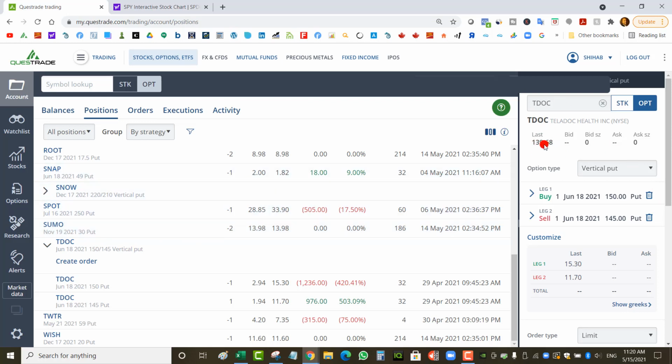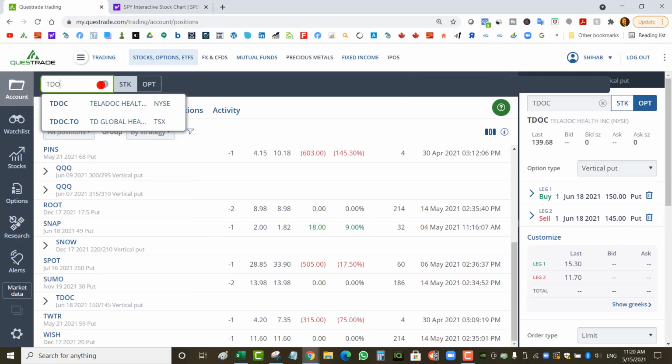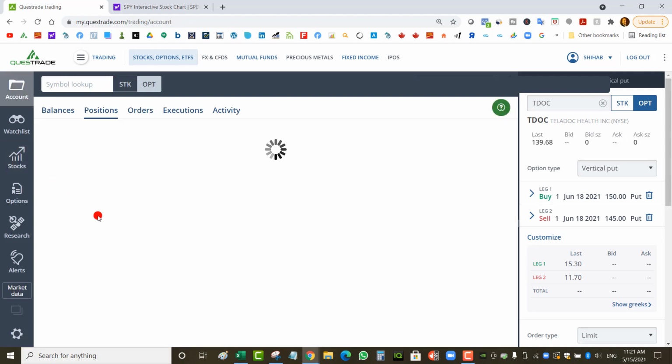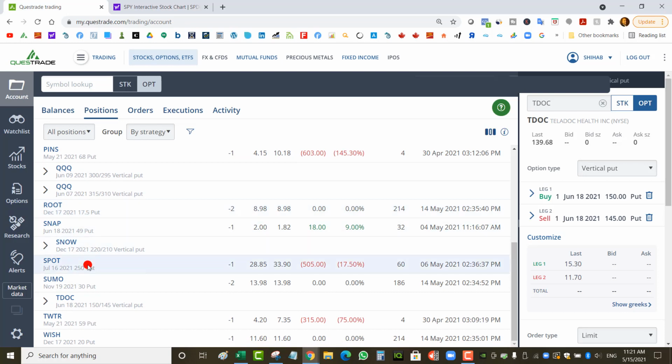Anyway, Teladoc, I've got a 150, 145 put spread. It's at 139 right now, but it's got a June 18 expiry, so I'm going to hold on to it, and then I'll decide how to manage it if it's breached by then. I think it's a 50% margin requirement stock. Yeah, 50%. So I'm not going to turn it into a naked put, that's for sure. I'll most likely manage it by increasing the width of the spread. All right, so that's Teladoc.